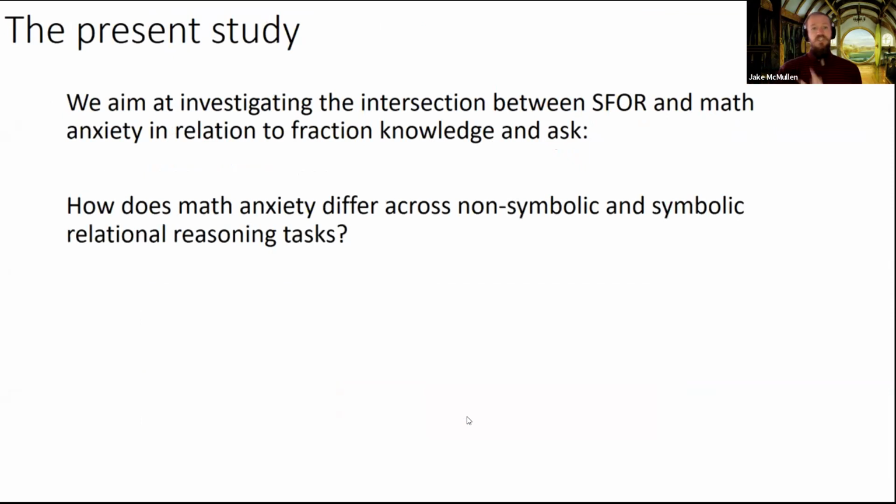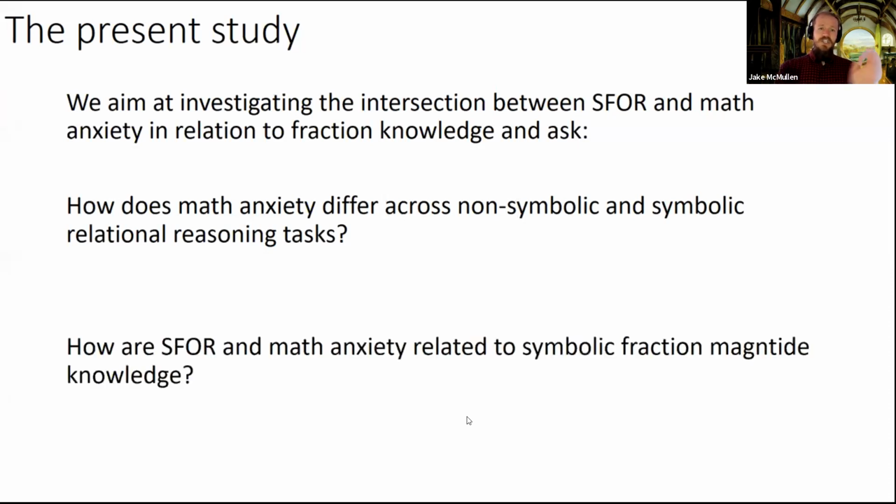That is, how does it differ between the non-symbolic forms of SFOR, just being able to describe multiplicative relations, and the formal fraction tasks? And then also how SFOR and math anxiety are related to symbolic fraction knowledge. Sorry about that.